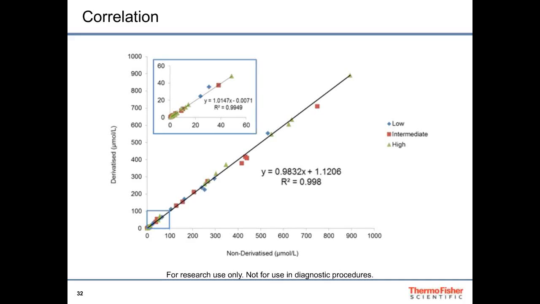Comparing derivatized and non-derivatized results, we see excellent correlation for the amino acids and acylcarnitine results, even at low concentrations, where derivatization is necessary if you're using a less sensitive mass spec. The concentration ranges of many amino acids were above 100 micromoles per liter, while those for the acylcarnitines were less than 1 micromole per liter.